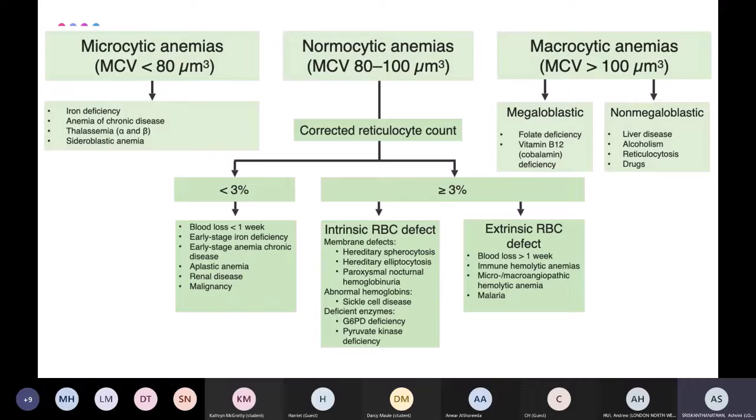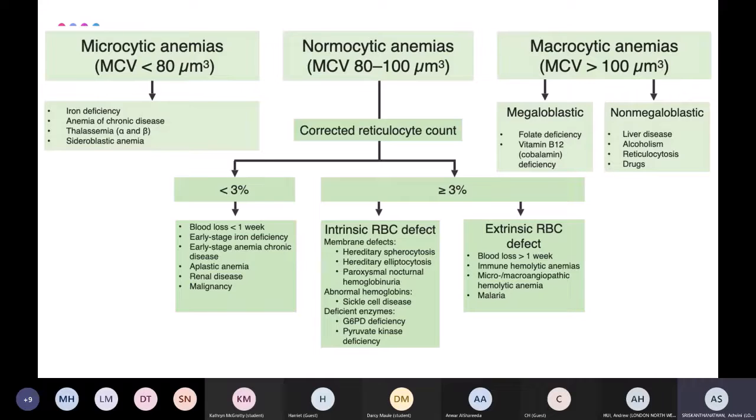Your normocytic anemias are usually related to acute scenarios, so any sort of blood loss, for example, or any sort of early stages of iron deficiency or chronic disease. Any aplastic anemias.